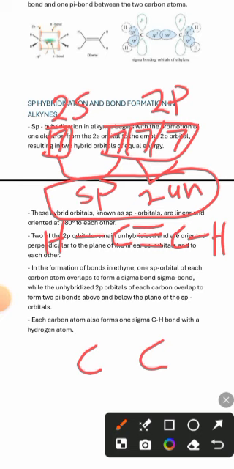And so when we are drawing the molecular structure of ethyne, we see that hydrogen forms a sigma bond with carbon. But first, let us draw the normal bonds formed by carbon.